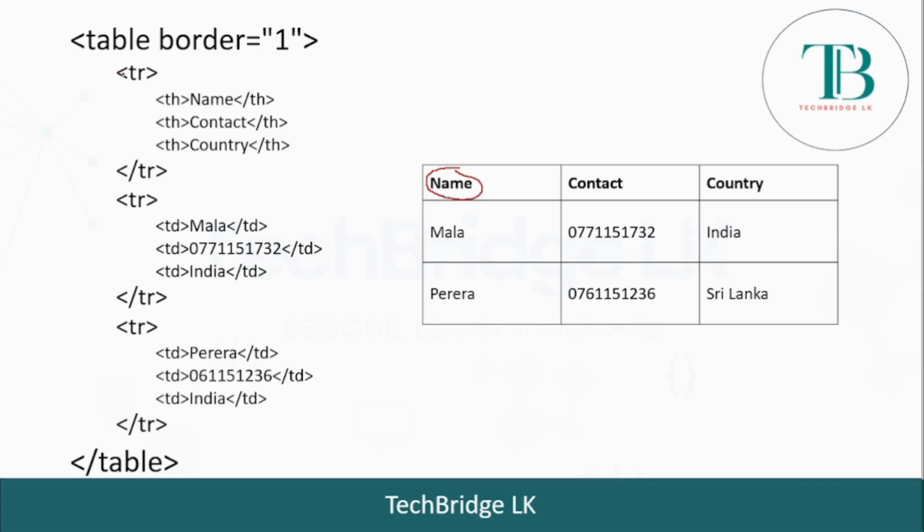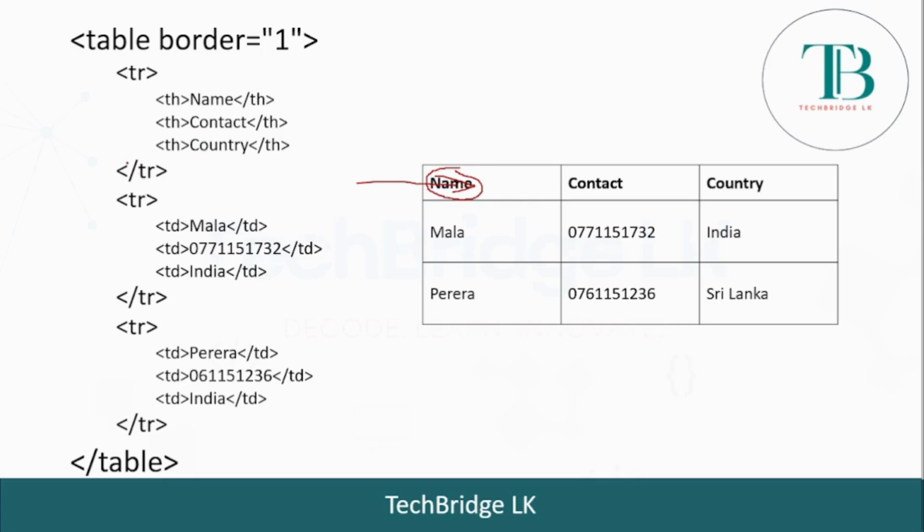In here you can see, initially you need to open the table tag, then the border is 1. This tr means table row, so it is the first table row. I have created the first table row. In here there are 1, 2, 3: the first data is name, the second data is contact and the third data is country.